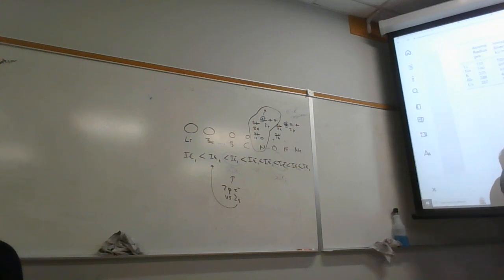Aluminum has 3 valence electrons. The first one, the second one's about triple here. The third one's about double the previous. And so it looks like successive ionization energies of valence electrons go up by about 1,000 kilojoules per mole each step. And then a significant jump here.